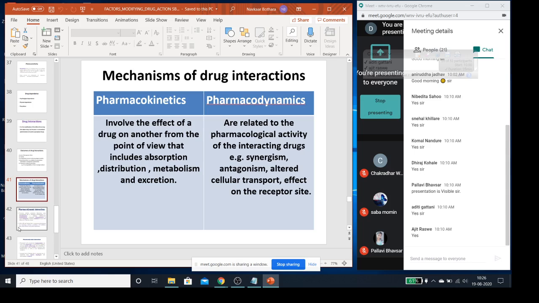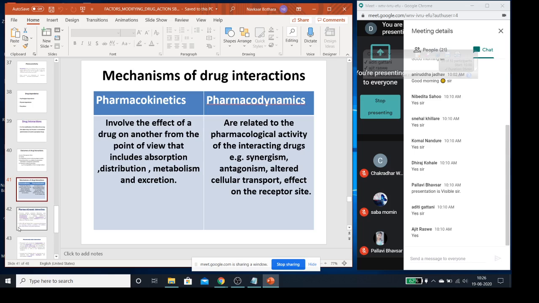Same is the case with distribution, protein binding. Some will be displaced from the protein, and therefore their protein binding will be changed and reduced. Same is the case in metabolism. If you remember, we have seen enzyme induction and enzyme inhibition, and same is the case with excretion. So there are a variety of drugs which cause direct or indirect interactions.